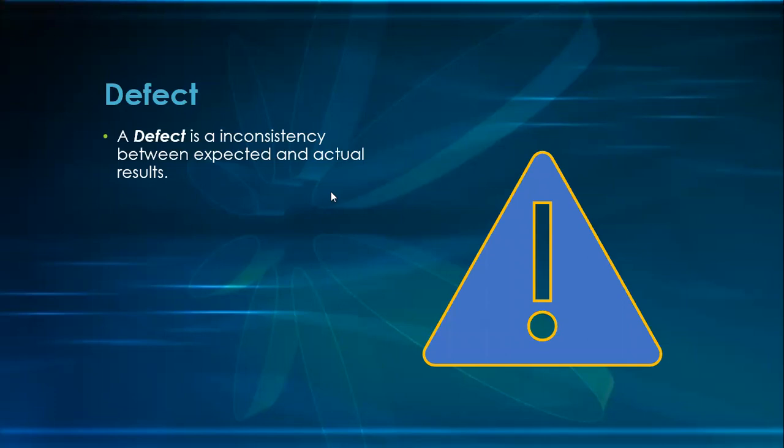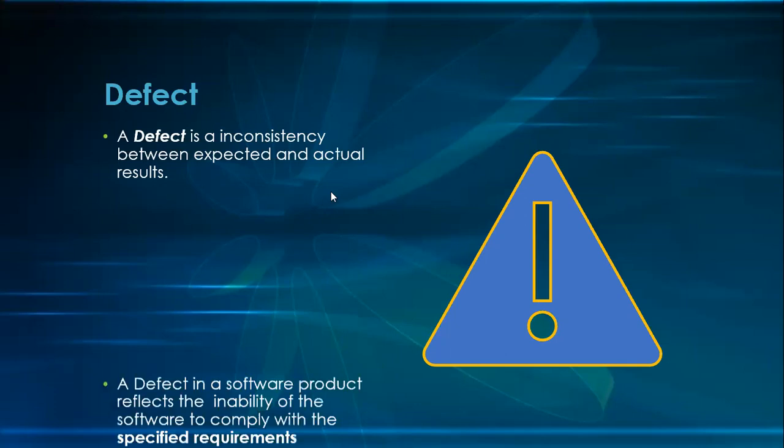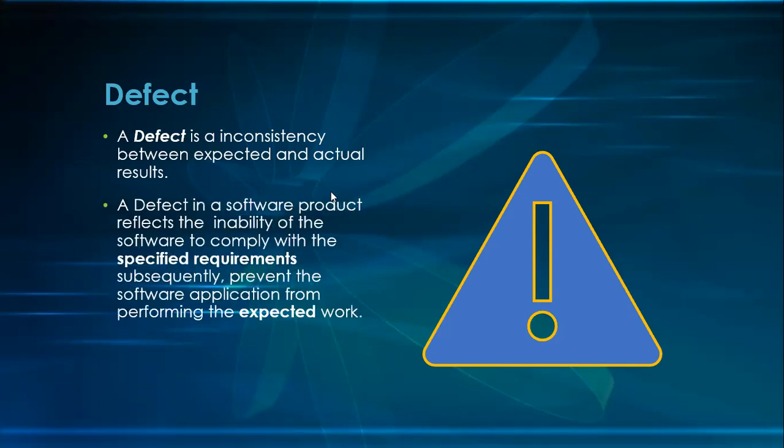These are key fields that have to be there. So, what is a defect? A defect in a software product reflects the inability of the software to comply with the specified requirements, and subsequently prevents the software application from performing the expected work.